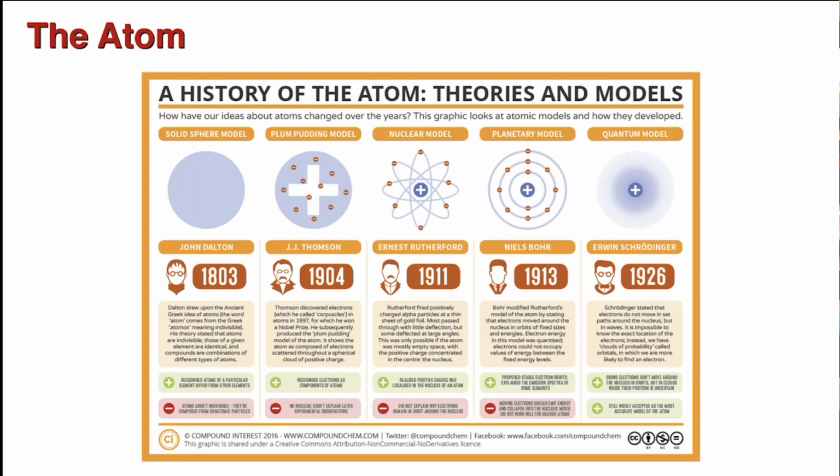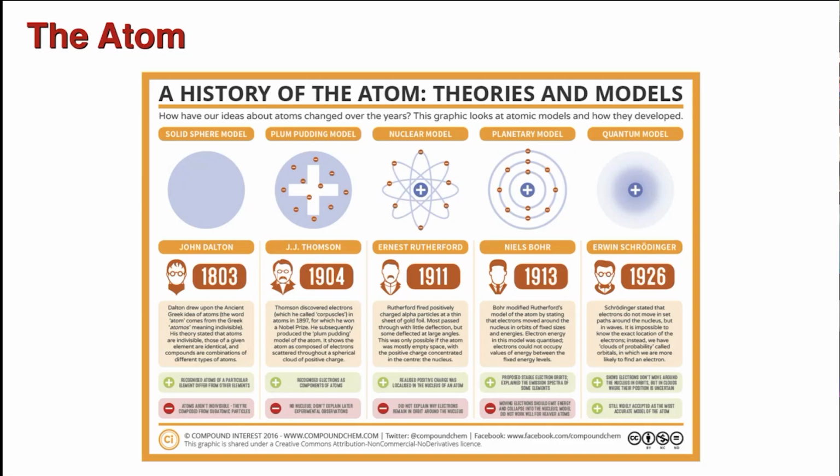So I'll start off with the atom, and Bob already gave us an introduction to this, but I like this diagram because it shows the conceptualization of how the atom works has changed through time. Going back to 1803, there was no real recognition that there was a nucleus, protons and neutrons.